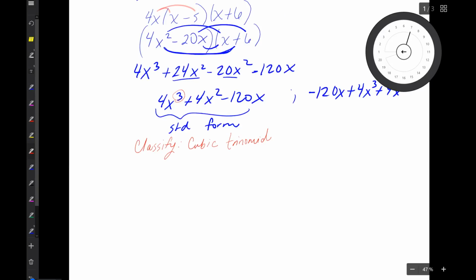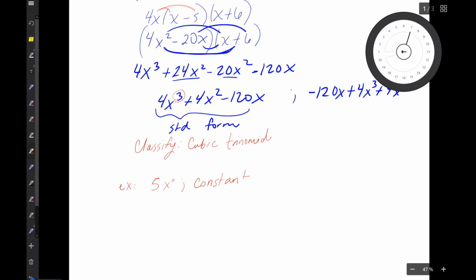Now, do you remember how to name all of them? Let's just do examples. Let's say that I give you the number 5. What would that be? It's a constant. If you have x to the 0 power, that's just a constant.